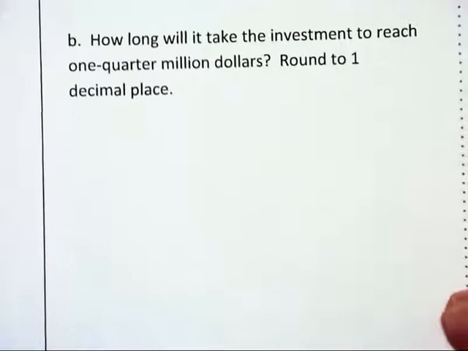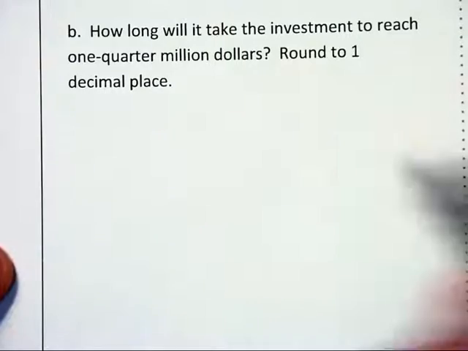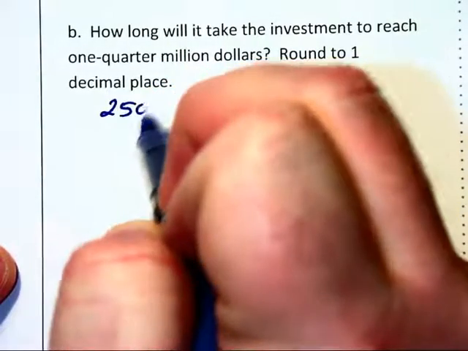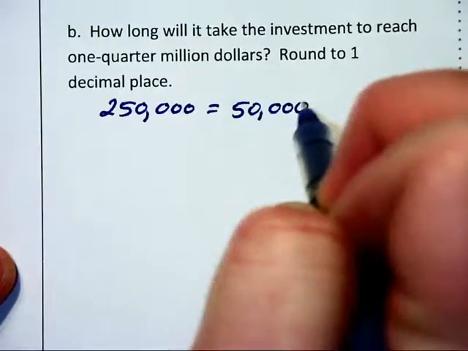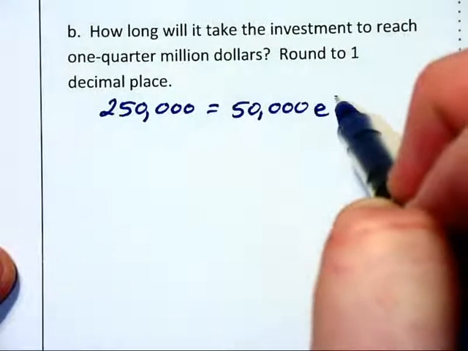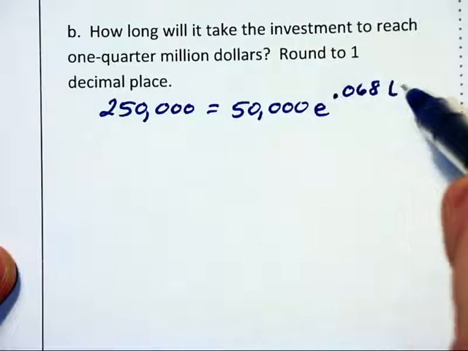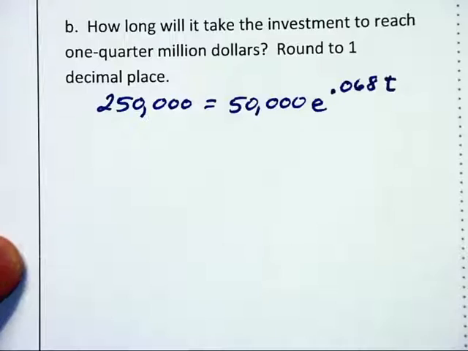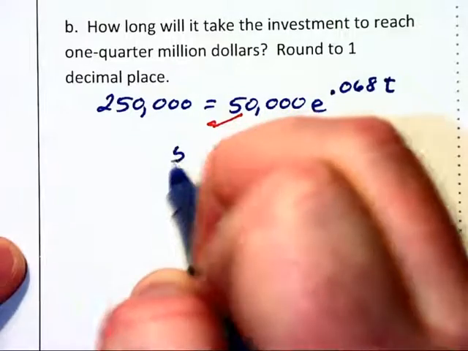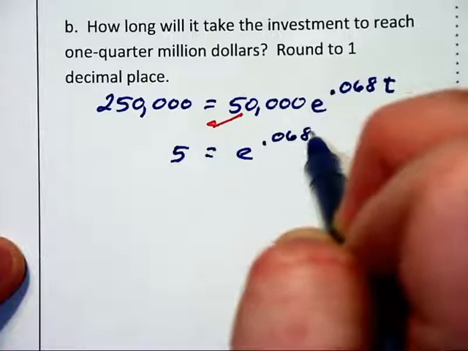Now the question is, using these same conditions, how long will it take the investment to reach $250,000? Well, that would be $250,000 in the account when $50,000 is invested, e raised to the 0.068, we just found that in the problem above, times t. We're solving for how long it will take for that to happen. When you divide off that 50,000, the left side is a nice clean 5 equals e to the 0.068t.